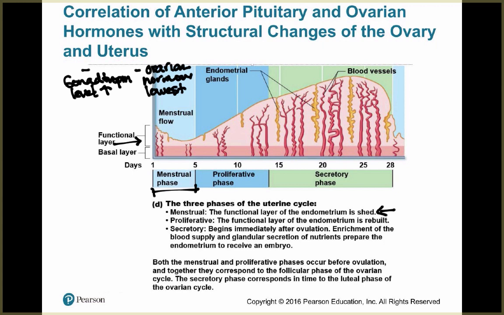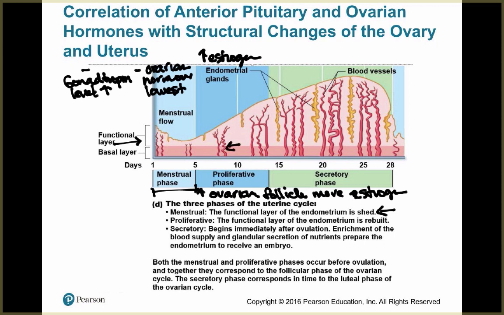By day 5, the ovarian follicles start to produce more estrogen. So the rise of estrogen is going to allow for this new generation of the stratum functionalis layer to basically thicken. The glands are going to start enlarging.